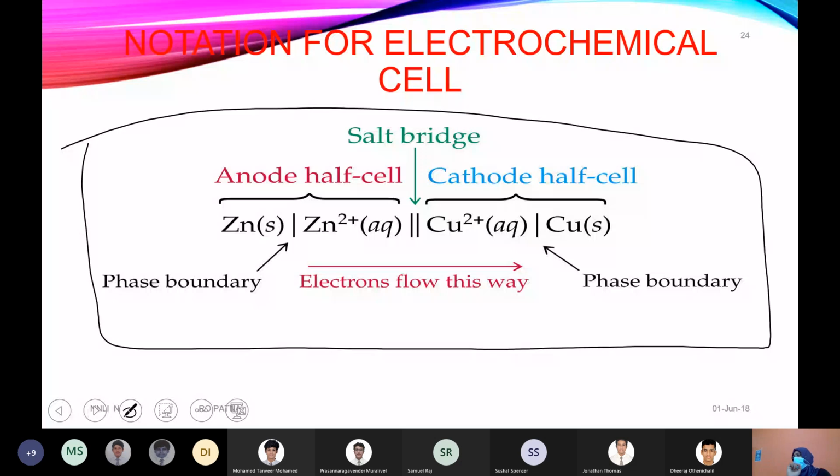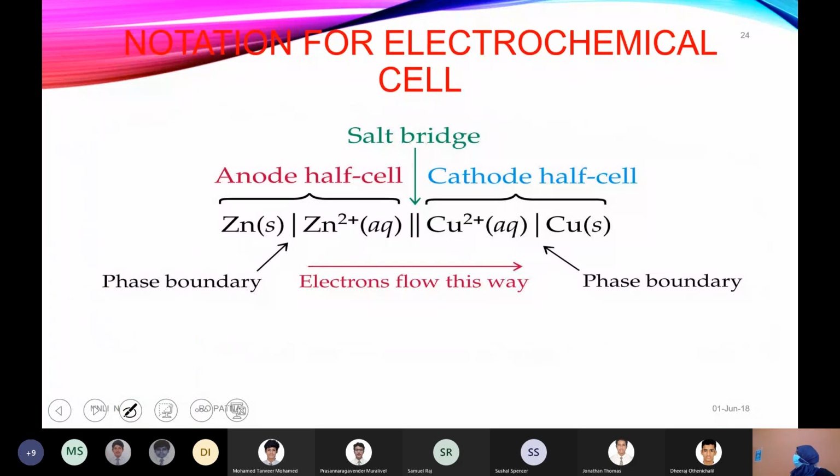Zn changing into Zn2+ means 2 electrons are given out, and Cu2+ changing into Cu means 2 electrons are gained by the copper ion. Here the anode is zinc and the cathode is copper. All the information about an electrochemical cell can be represented this way. That's why it's known as cell notation, the notation for an electrochemical cell.